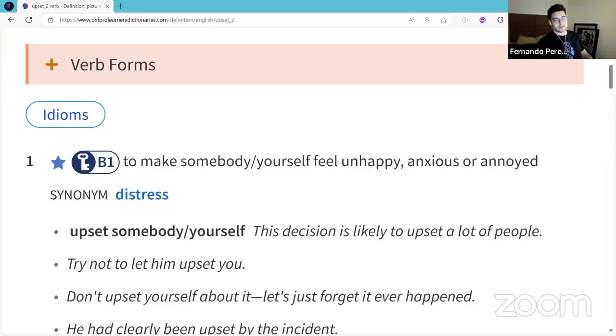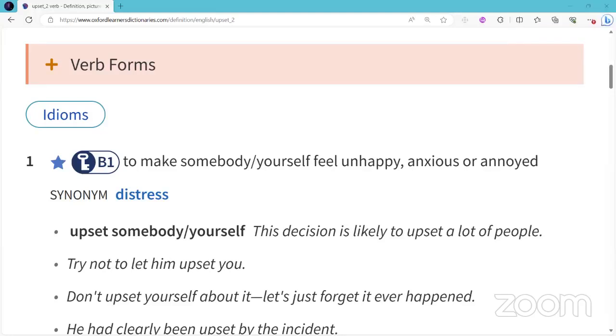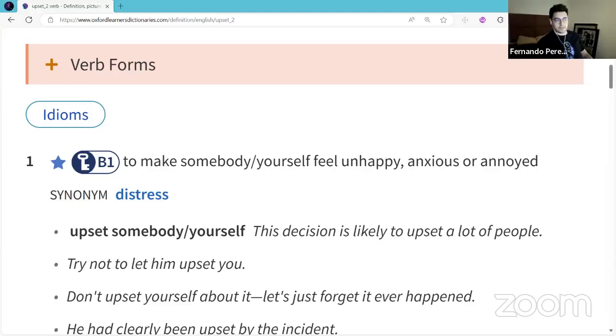I try to change the word, but not really. The decision is likely to upset a lot of people. Think about the verb get.